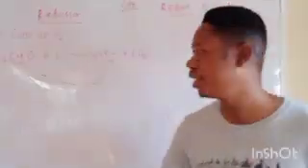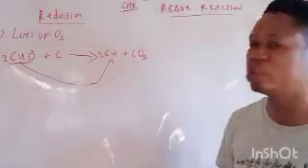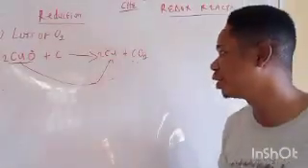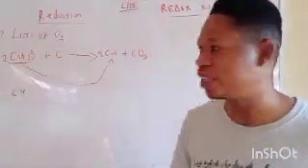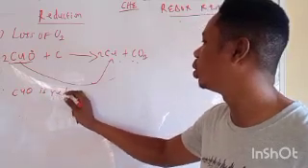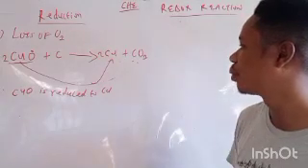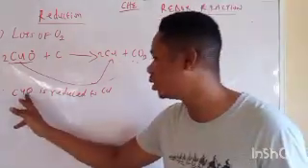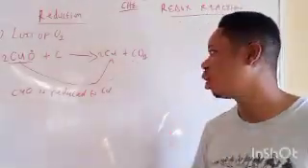So we can say that this reaction is a reduction reaction. So I would be right if I say copper 2 oxide is reduced to copper because oxygen has been removed. So that's the first way to define it, loss of oxygen.